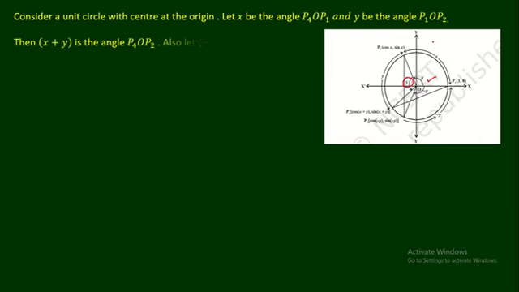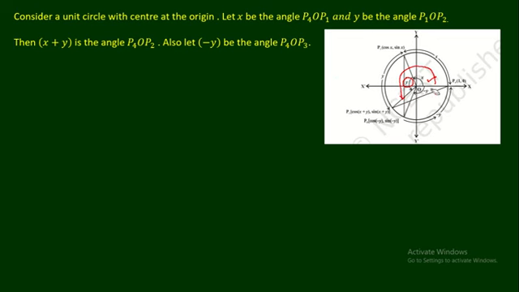Firstly, we should say, consider a unit circle with the center at the origin. Let x be the angle P4OP1 and y be the angle P1OP2, that you can see here, y angle, and then x plus y, I'll show you with the red color ink. X plus y angle is the angle for P4OP2 and also minus y angle is for P4OP3.